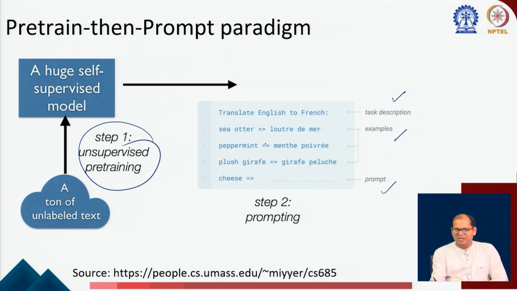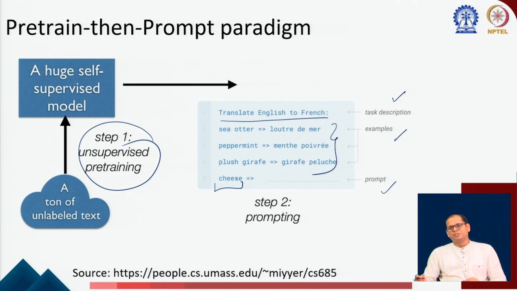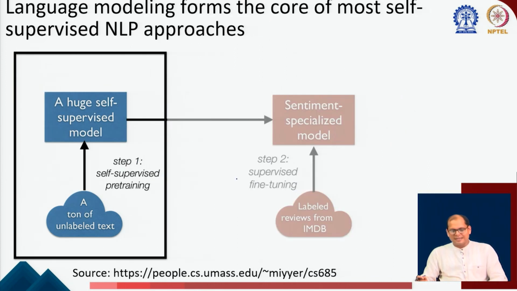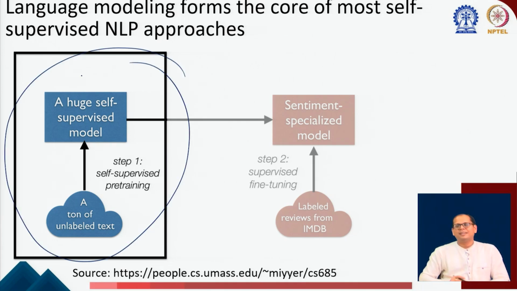Like here you are giving the task description that you want to translate English to French, you are giving some examples, and then you have the particular phrase that you want to translate. But the first step before using prompting is you have to do unsupervised pre-training, and this whole thing requires language modeling.